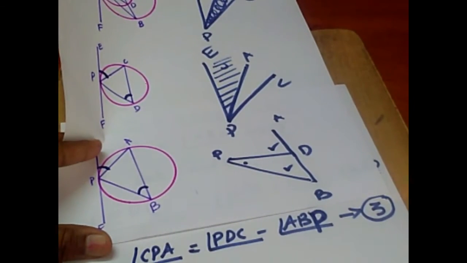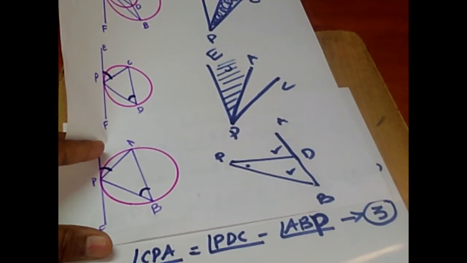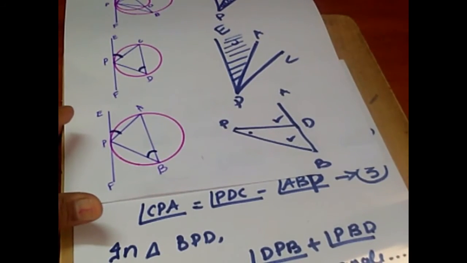If not, follow me. In triangle BPD, angle PDA is equal to angle DPB plus angle PBD. Reason: the exterior angle of a triangle is equal to the sum of the two interior opposite angles.